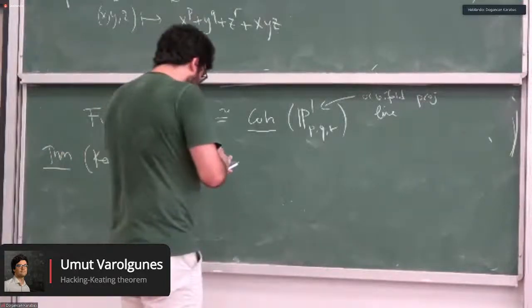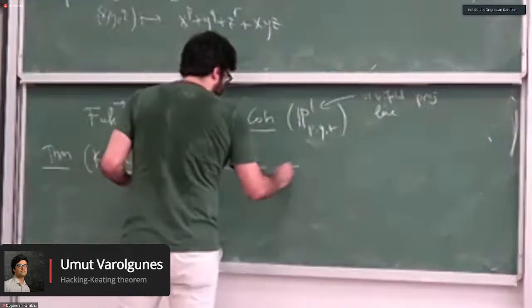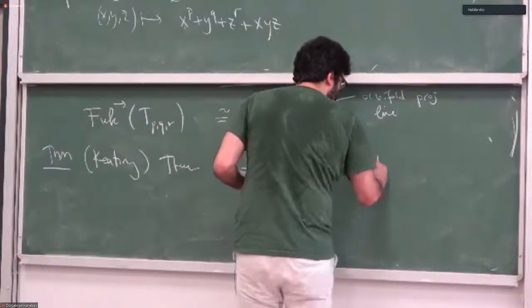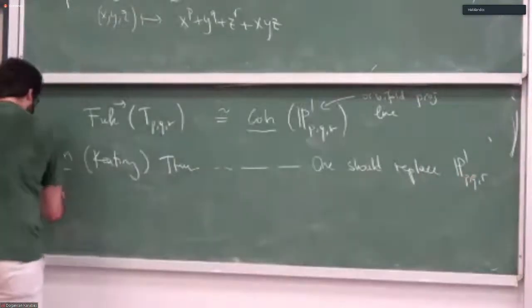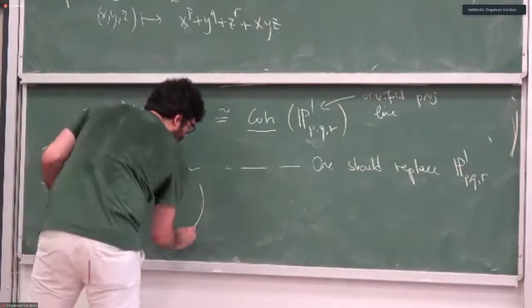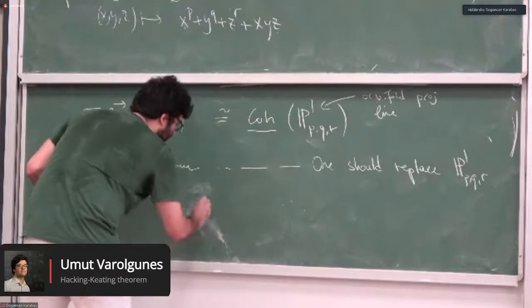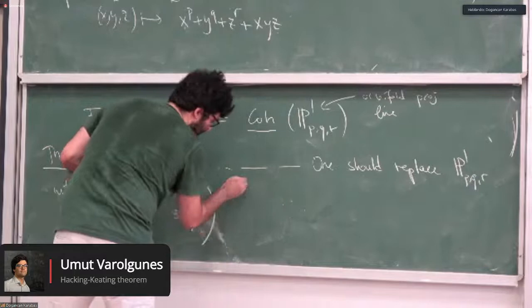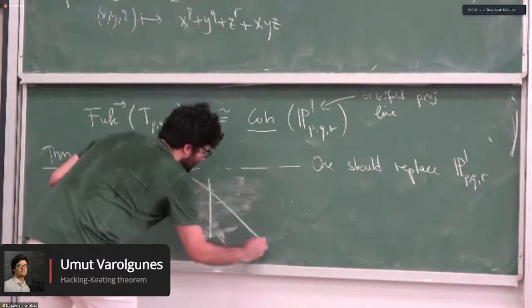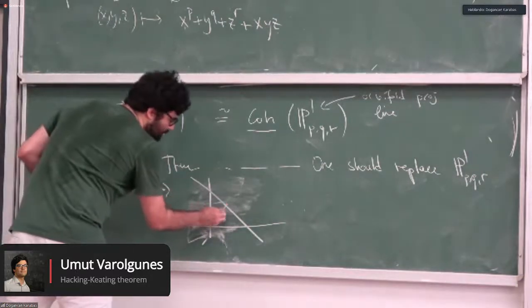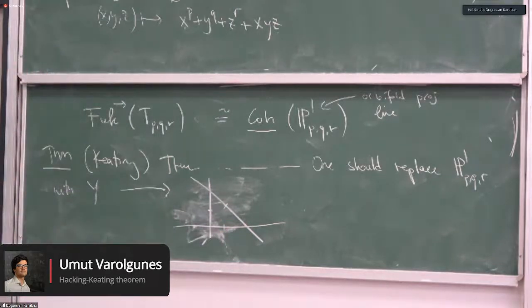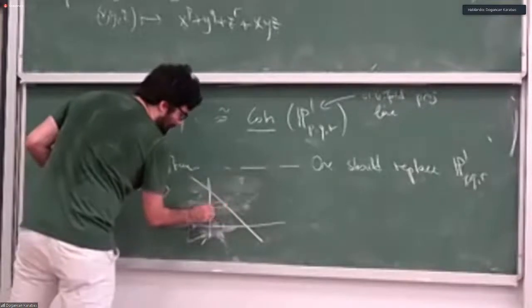So then, after a long story, one should actually replace P^1_PQR with the Looijenga pair Y, which is given by taking P^2 and then taking 3 points on the toric divisors, not node points, such that they lie on a line.